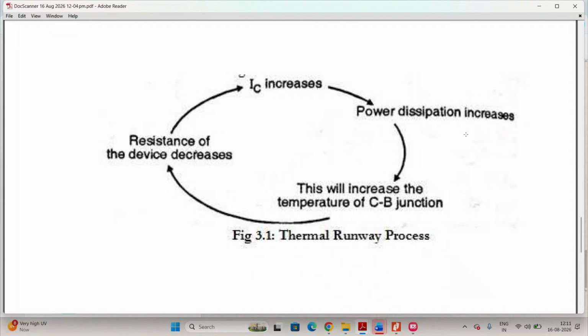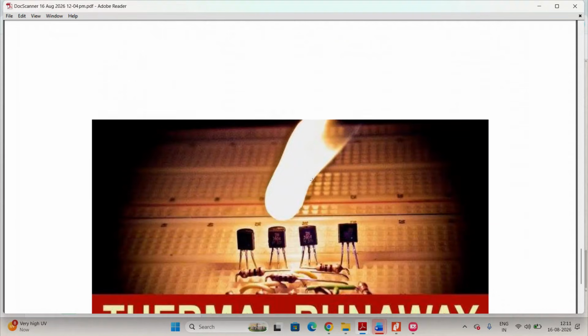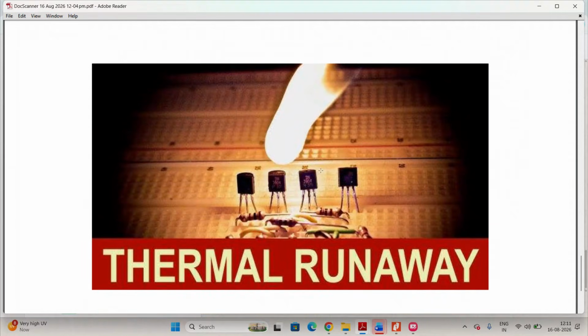The flow of current is increasing, so definitely the collector current is also increasing. When the collector current increases, again the power dissipation will be more. So this is the thermal runaway process. Due to this cycle, you can have a thermal runaway. You can see this image, right? It will melt your transistors, whatever you are using, because they have only less withstand capability.